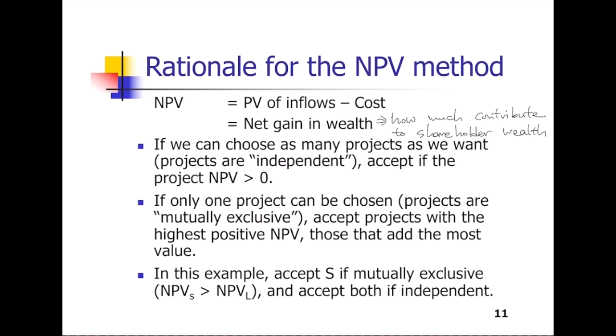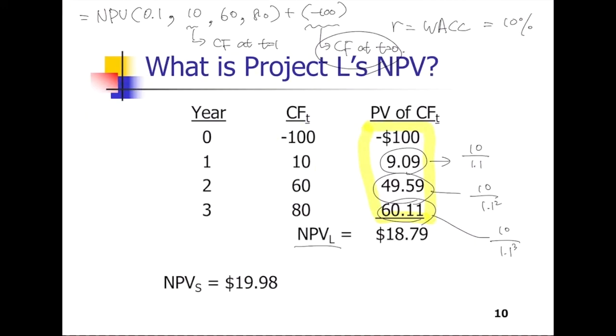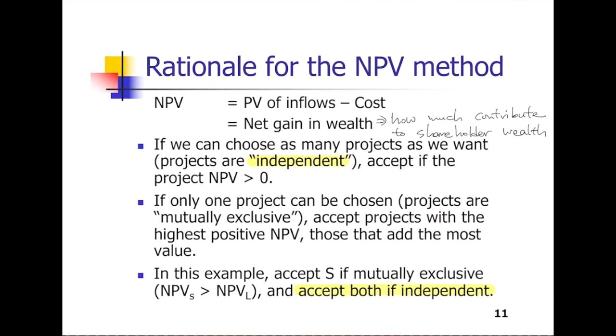If we can choose as many projects as we want, we can say these projects are independent. In this case, we can accept a project if its NPV is larger than 0. Project L and project S both are larger than 0, right? So we can accept both if independent. The second case, if only one project can be chosen, we call these projects mutually exclusive.